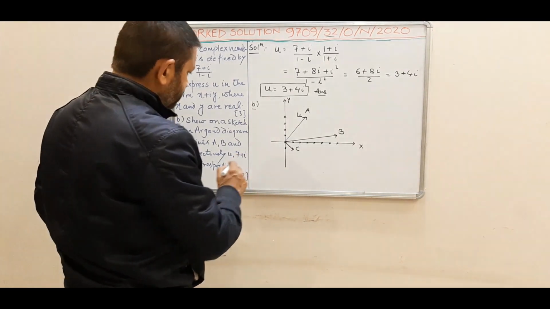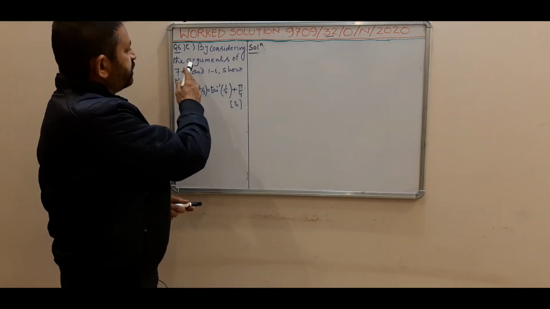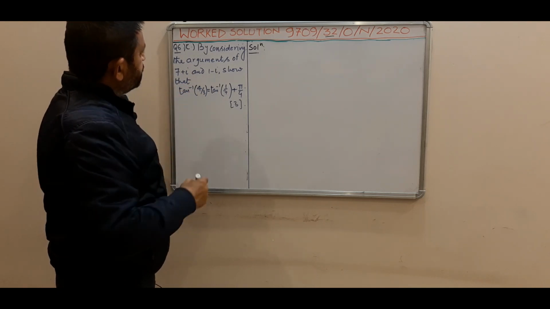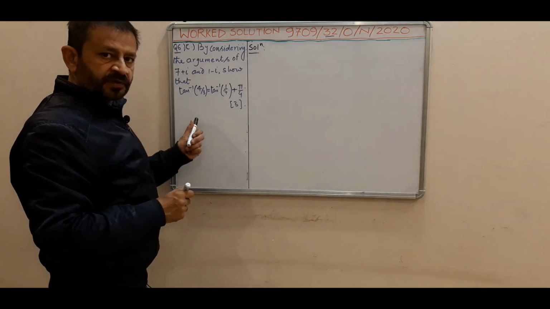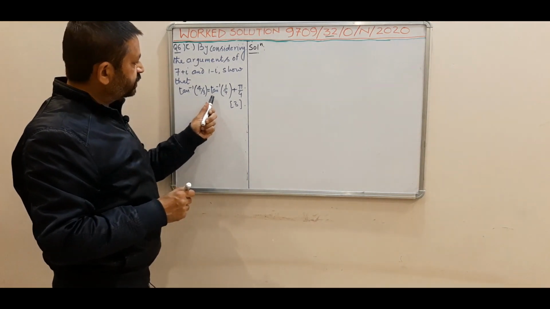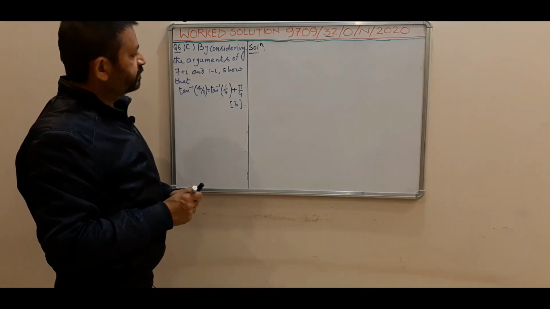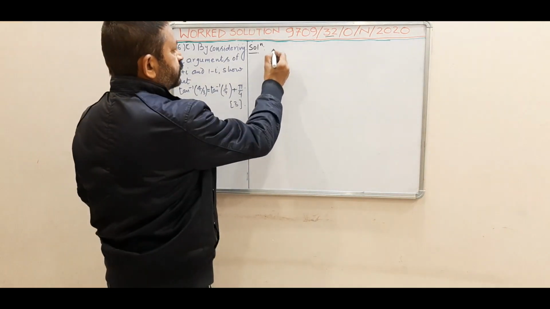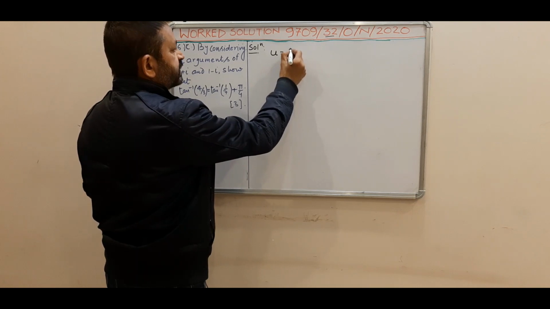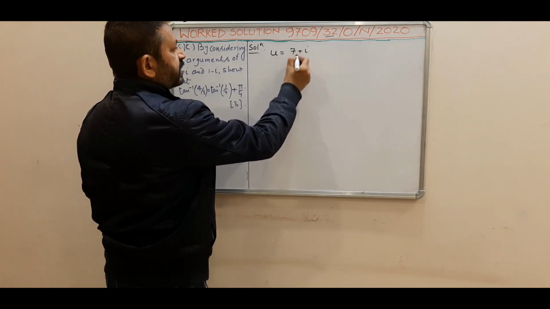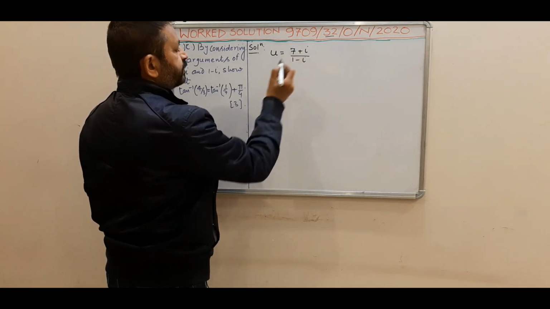It carries 2 marks. C part. By considering the arguments of 7 plus i and 1 minus i, show that tan inverse 4 upon 3 equals tan inverse 1 upon 7 plus pi upon 4. So we know that in A part it is given u is 7 plus i upon 1 minus i.